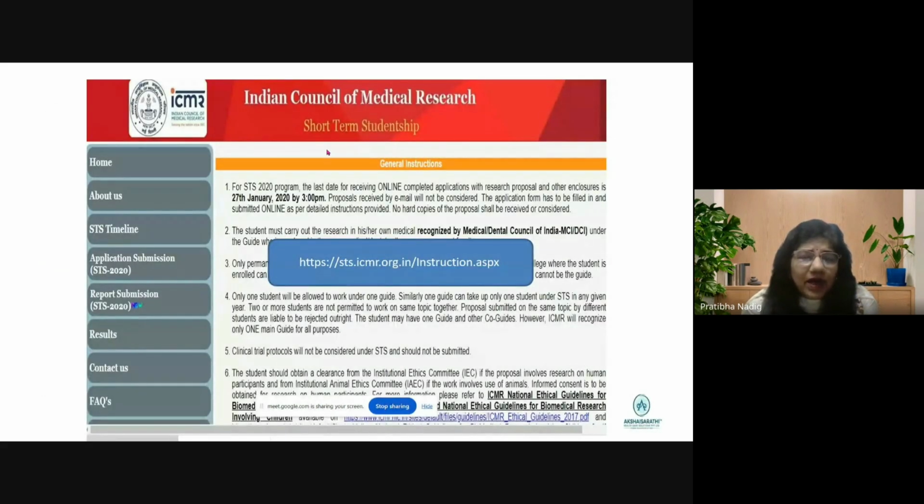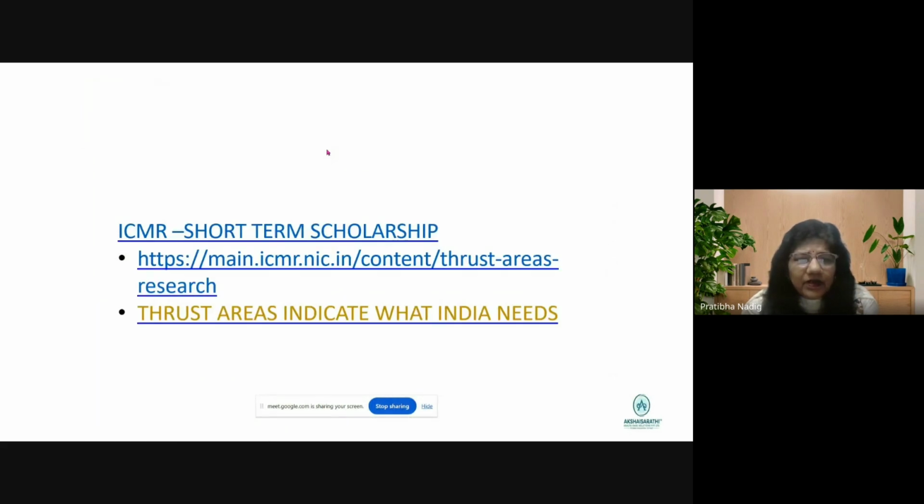Then you can go through the ICMR short-term studentship website, where they have given certain thrust areas. These thrust areas indicate what we actually need, the areas where we need to work. Instead of working on very high-funda topics, let us see, for example, maternal mortality rate, infant mortality rate, or diabetes again.